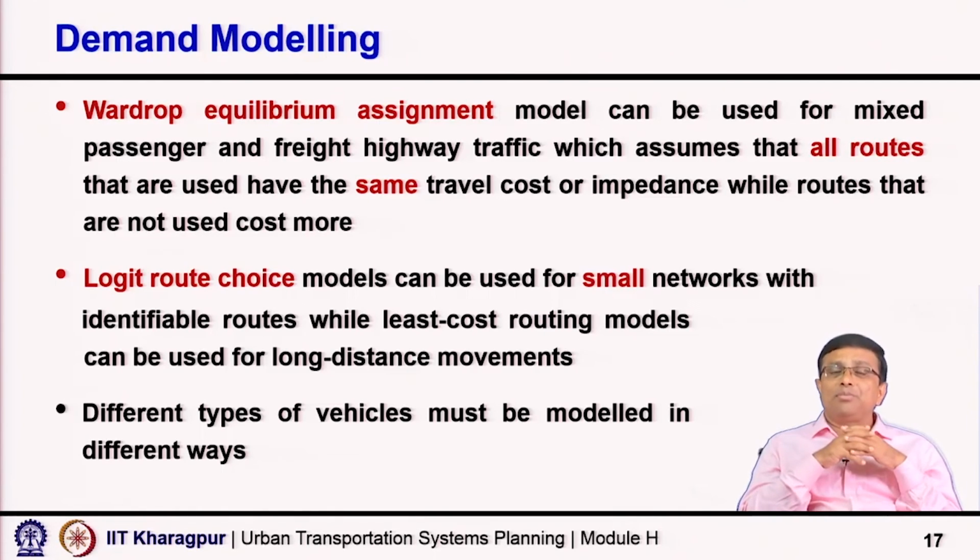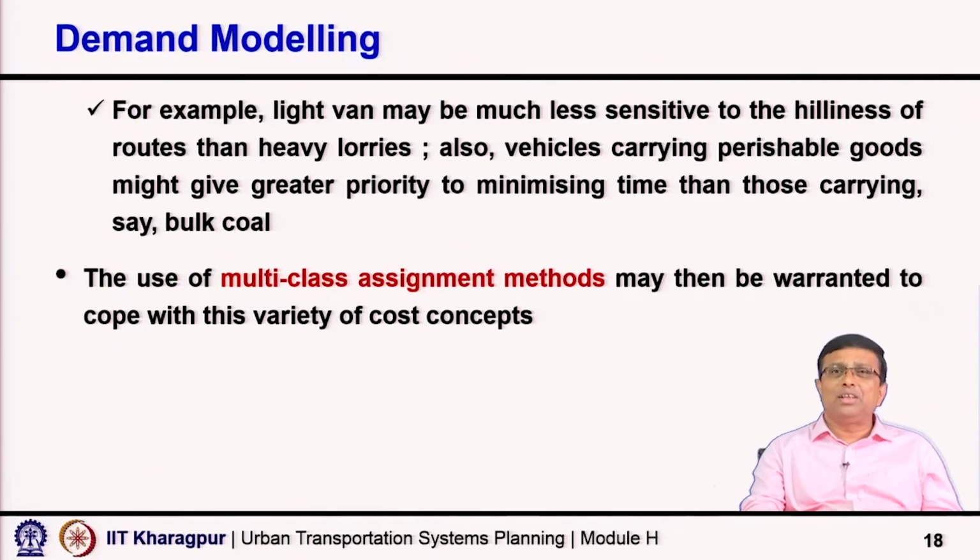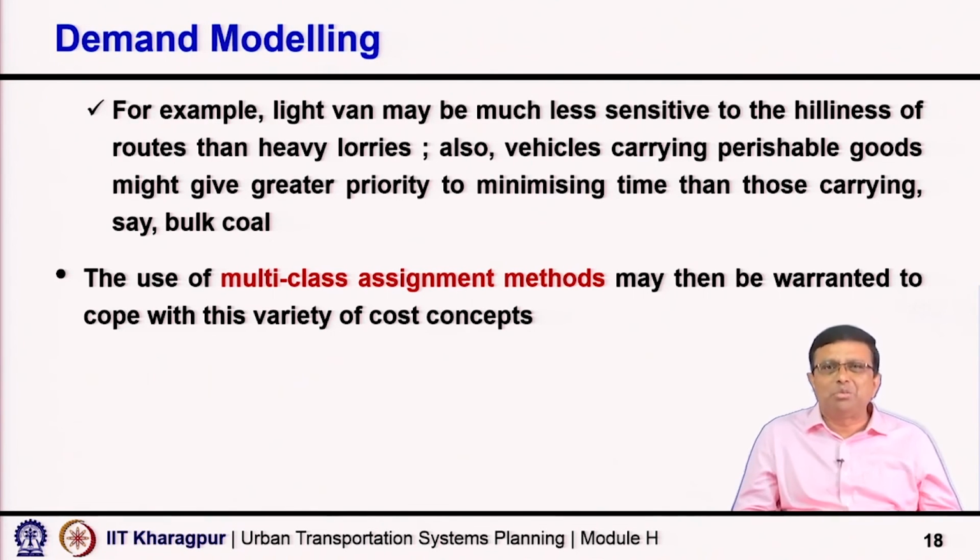Different types of vehicles must be modeled in different ways, where their characteristics are different, their requirements are different when they are in the traffic or along the routes. For example, the light van may be much less sensitive to the hilliness of the route. It can easily negotiate, a small goods vehicle like the light commercial vehicle, what we say. But heavy lorries, you have to take care.